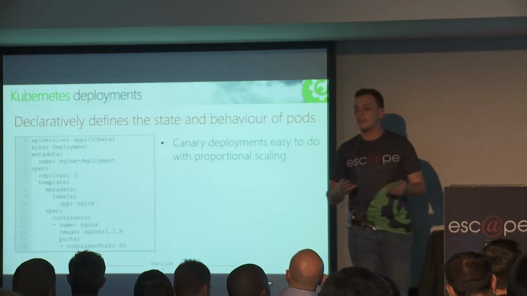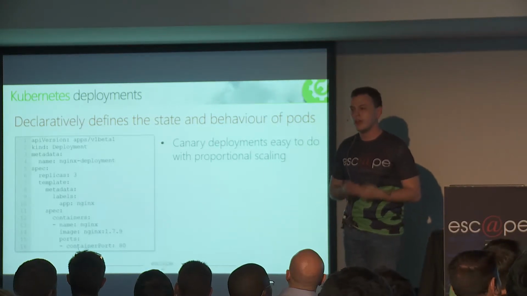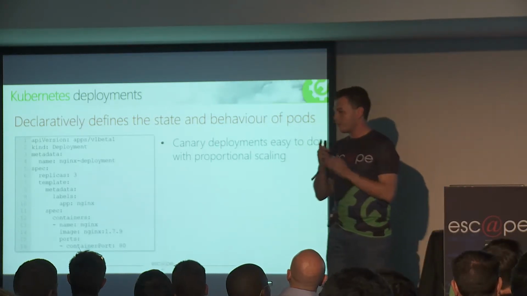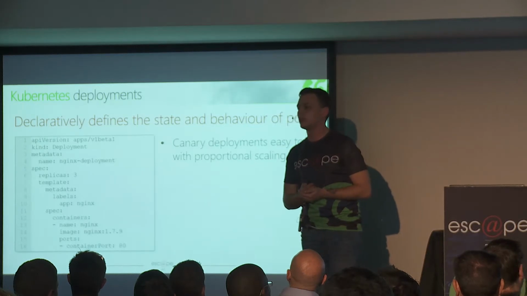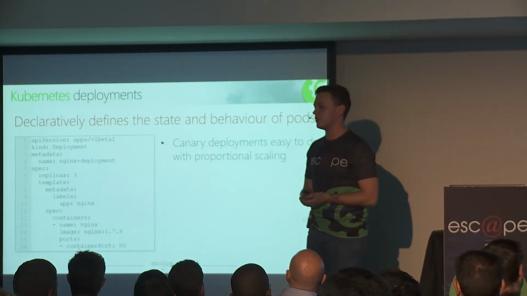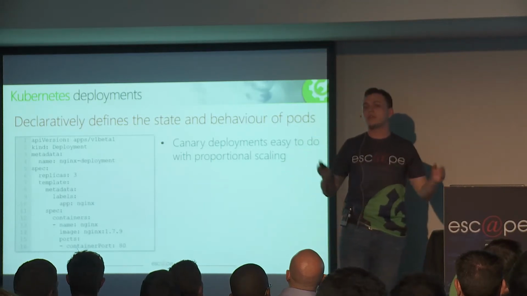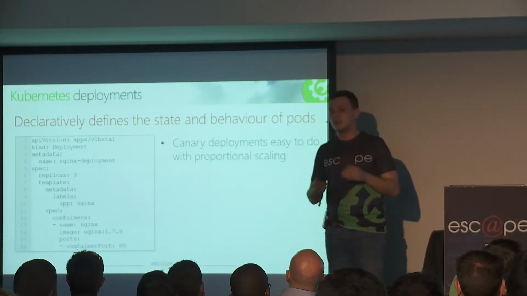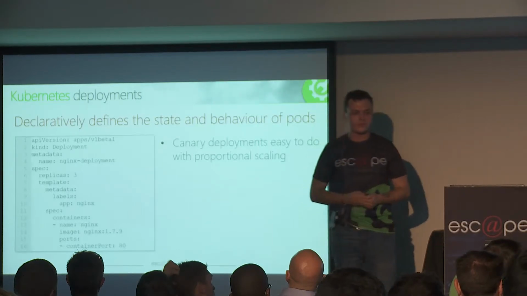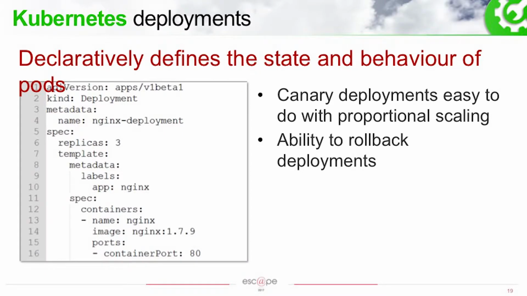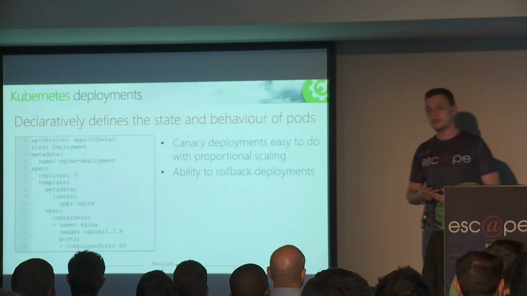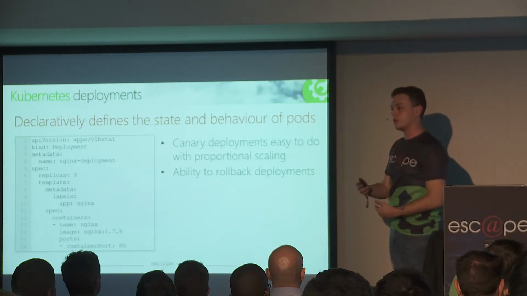So if I have 10 replicas of a pod running, I can ask Kubernetes to only deploy 10% of all of those replicas as version 2 of this application. But with canary deployments, it's also very important that if I decide I don't want that version of this application running anymore, I can easily roll back. And with Kubernetes deployments, it actually keeps a history of all of the deployments that I do.